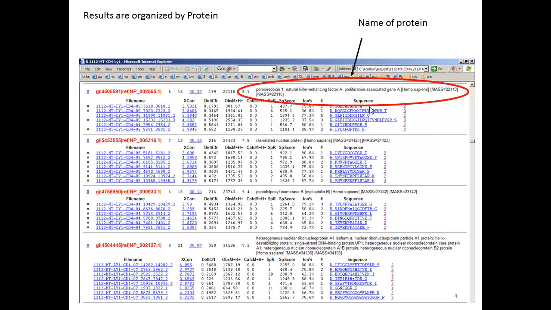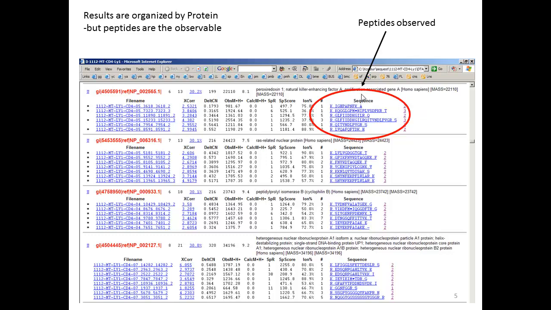And here we see that the results are being tabulated and saying that it seems that we have good evidence for the presence of a protein called peroxiredoxin 1. And beneath that, we see that we have observed 6 peptides with a high confidence match to theoretical spectra. And if you observe 6 peptides of good quality, that's overwhelming evidence that the protein that you think is present in your sample actually is.